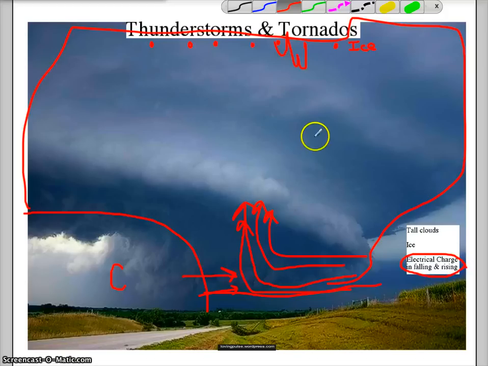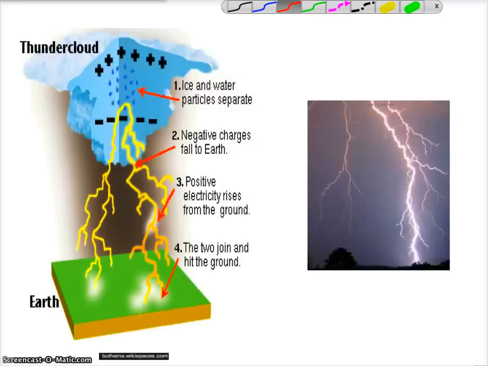Now, this electrical charge you'll see on another diagram has pluses and minuses, but you can think of it like rubbing your feet on a rug. This up and down motion is creating a little electricity, and that electricity reacts with the ground. I think this may be a better diagram right here. Whenever you get this static charge here, you have these negative charges that react with the positive charges from the ground.